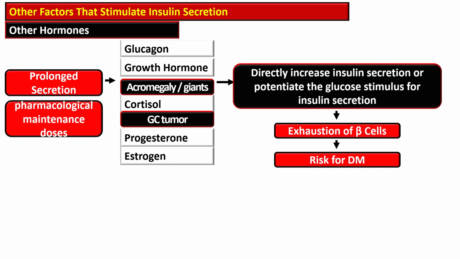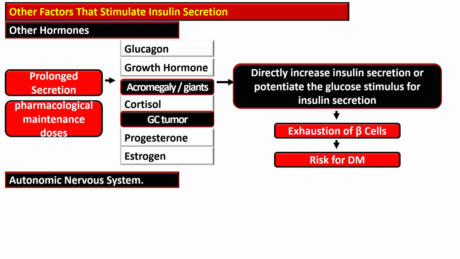Then there is Cushing syndrome that may be associated with excess glucocorticoid or due to a glucocorticoid secreting tumor of the adrenal gland, and similar to beta cell overwork, these lead to steroid induced diabetes.